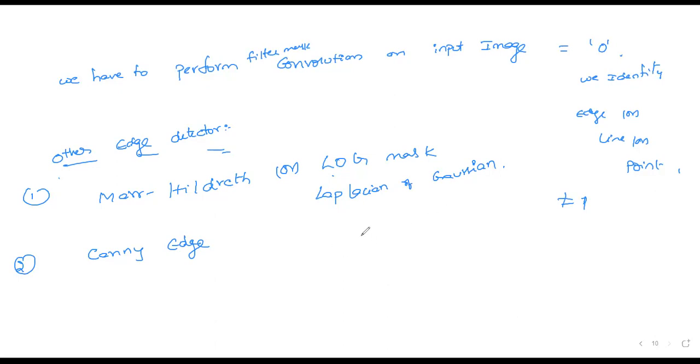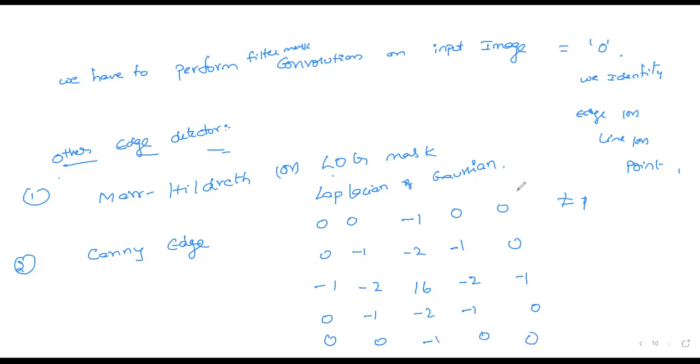So the mask is given as 0 0 -1 0 0, 0 -1 -2 -1 0, -1 -2 16 -2 -1, 0 -1 -2 -1 0, 0 0 -1 0 0.